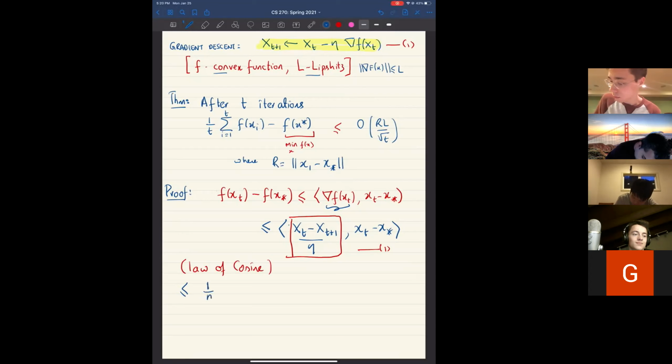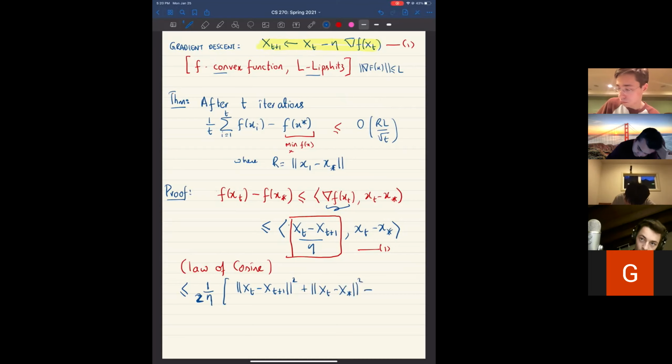I'll keep the eta outside. What I'll end up with, I'll get a 2 because of the law of cosine. So I'll have xt minus xt plus 1 whole squared plus xt minus x star whole squared minus the difference between the two, which is xt plus 1 minus x star whole squared.